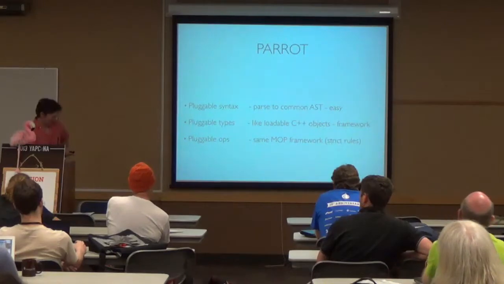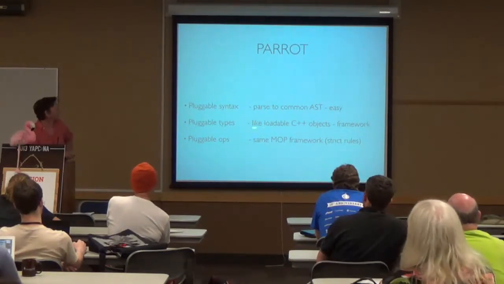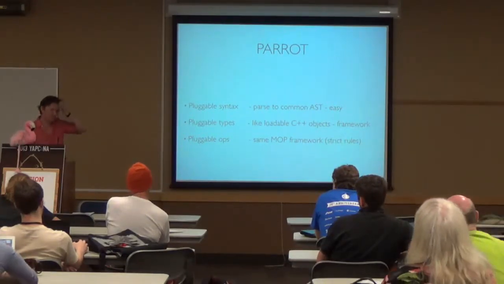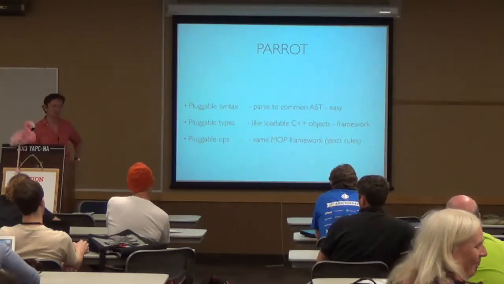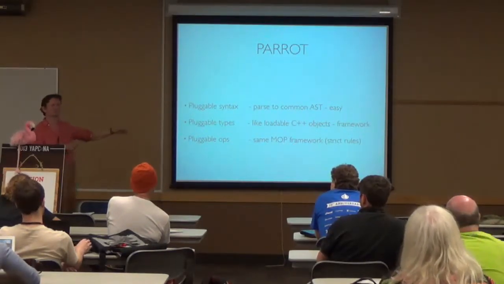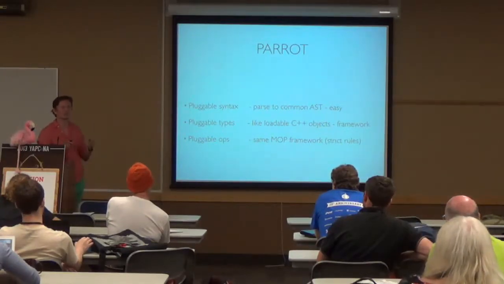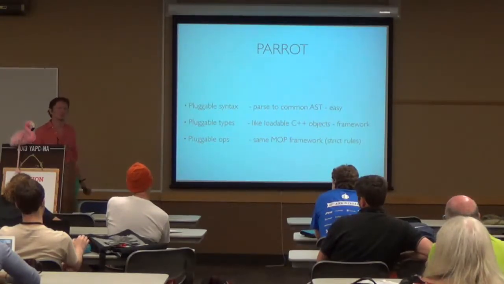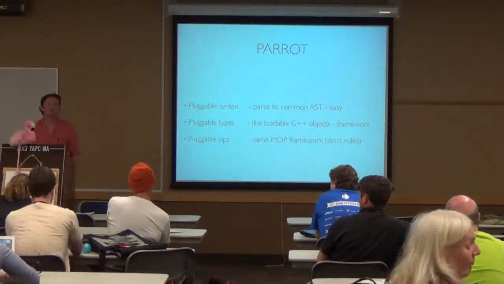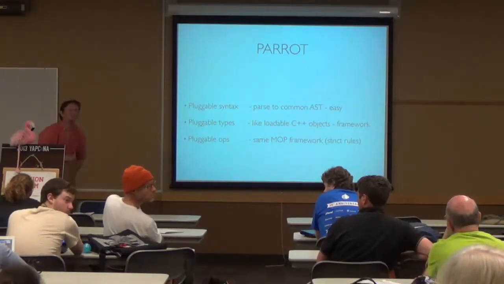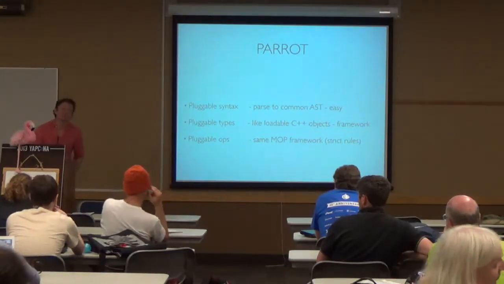The type system is basically not so easy. Chip can tell you about it. So basically you need runtime loadable C++ objects, which is not doable because the C++ ABI is not defined. Microsoft and GNU and Clang have different C++ object layouts. So you need some tricks to get to this. Well, unless you're willing to just use the same compiler for all the pieces. Yeah, with the same compiler it's doable.